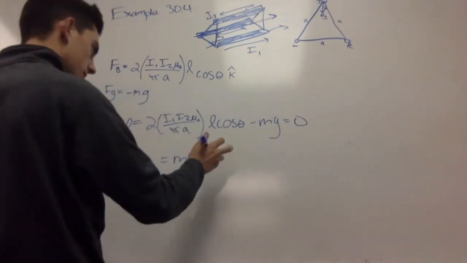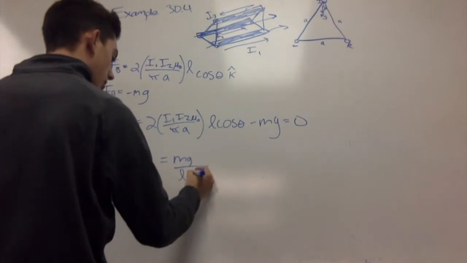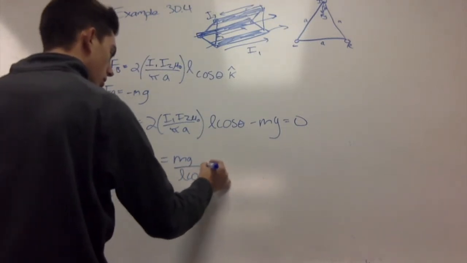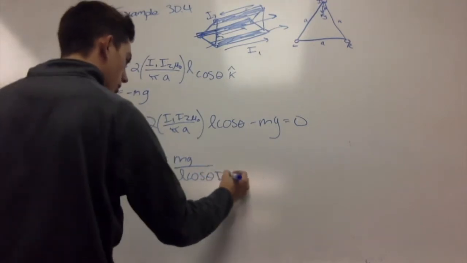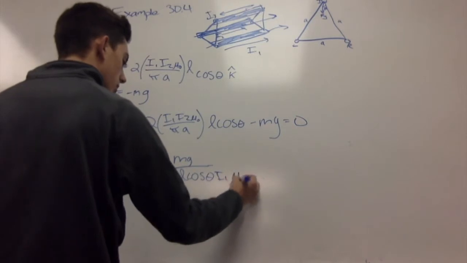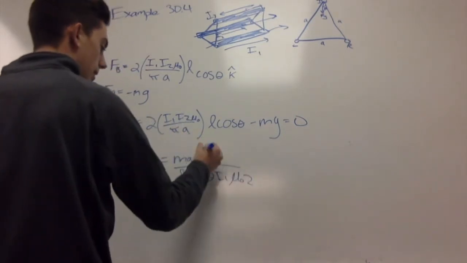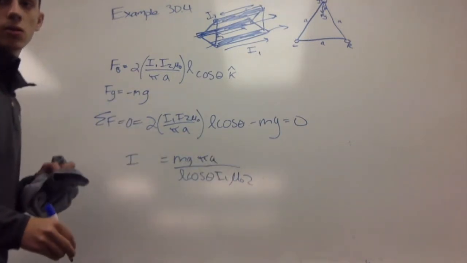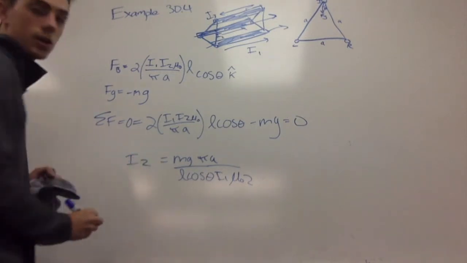Add mg to the other side, then divide by L cosine theta, as well as I1, the constant, and 2, and then pi and a go on the top. Let me double check that real quick. Yep, looks good. This is I2 right here.